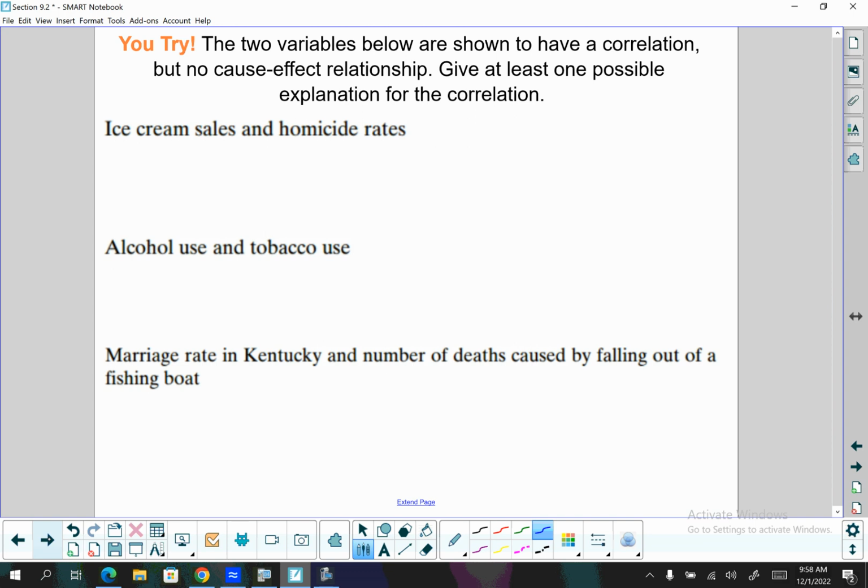What is making both of these change that it looks like they are correlated with one another? Remember, they both could go up, or one could go up and the other could go down. Could be either type of correlation.